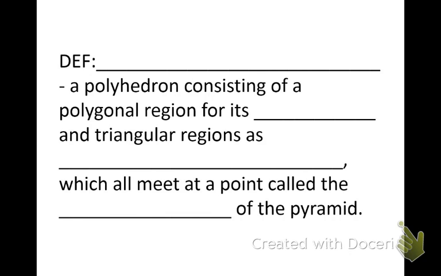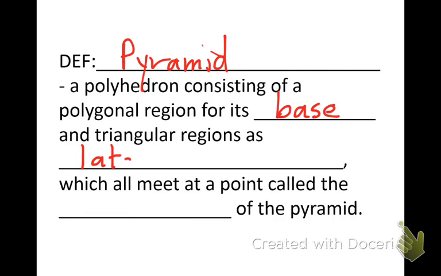Pyramid. A pyramid is a polyhedron consisting of a polygonal region for its base and triangular regions as lateral faces, which all meet at a point called the apex of the pyramid.